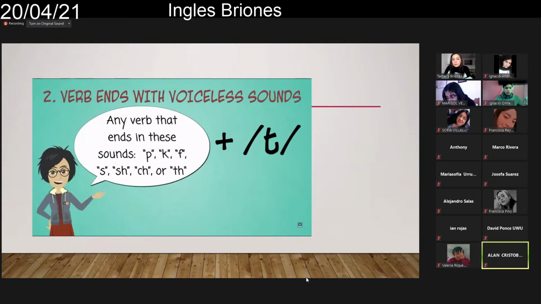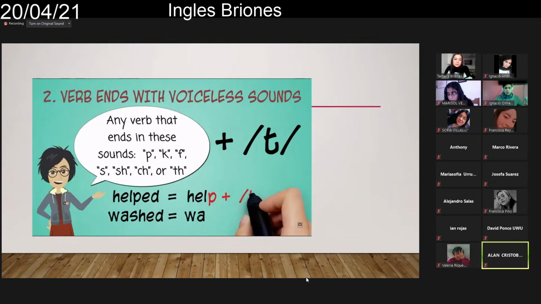If the verb ends in one of the following voiceless sounds, such as p, k, f, s, sh, ch, or f, use the t sound for past tense. For example, we have helped and washed.